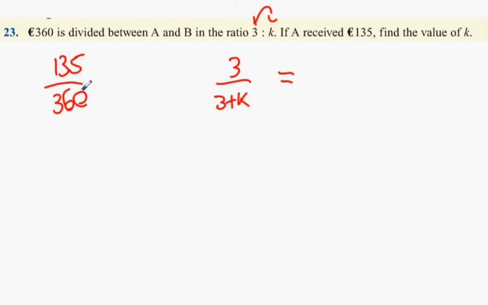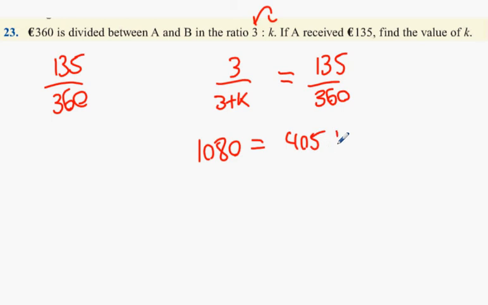Does that make sense? It's the same fraction as 135 out of 360. So all we gotta do next is cross multiply. What's 3 times 360? 1080. And 3 times 135? 405 plus 135k.